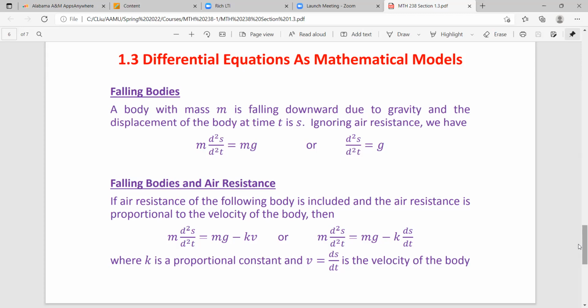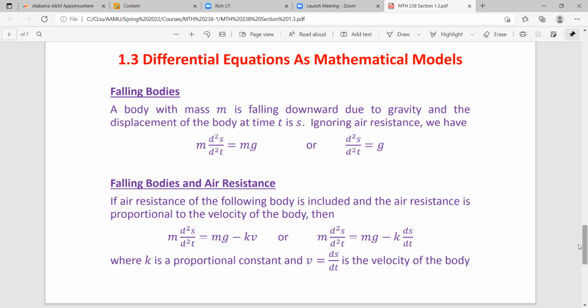So that's again a second order linear differential equation for the displacement. G is a constant, as we know, just as before. So that's the case when there is no air resistance, or we just ignore it when the speed of the body is small. We can ignore air resistance.